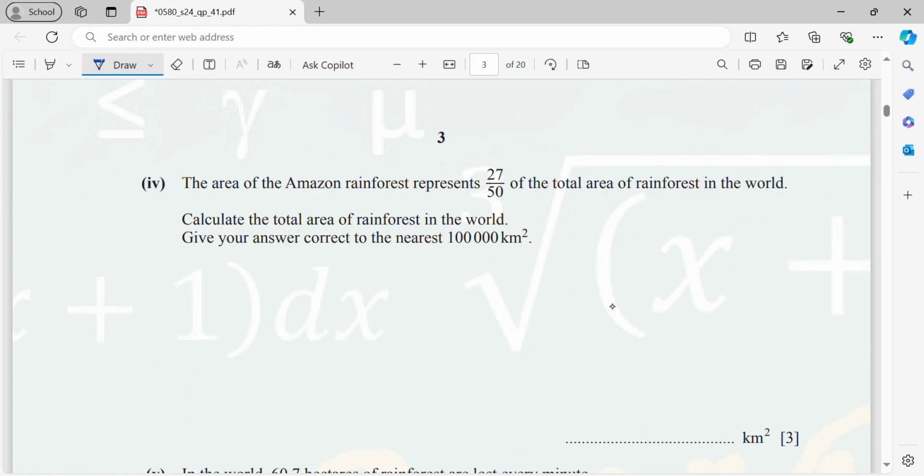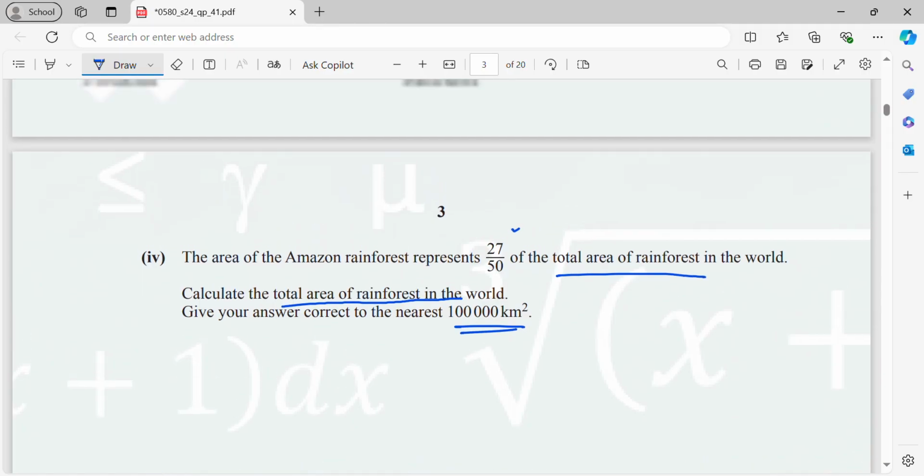Now, next part 4. The area of the Amazon rainforest represents 27/50 of the total area of the rainforest in the world. Calculate the total area of rainforest in the world. Give your answer correct to the nearest 100,000 kilometer squared.